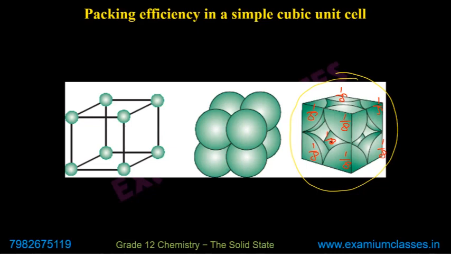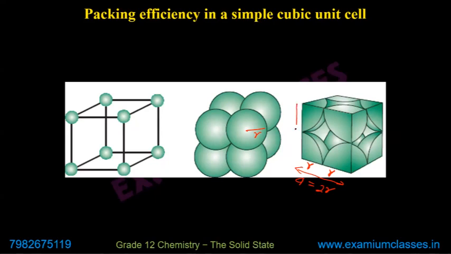But here you can note that if r is the radius of the atom, then the edge length of the cube, say a, will be 2r, because all the atoms are adjacent or touching one another.